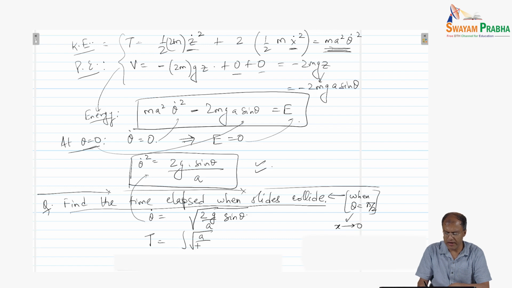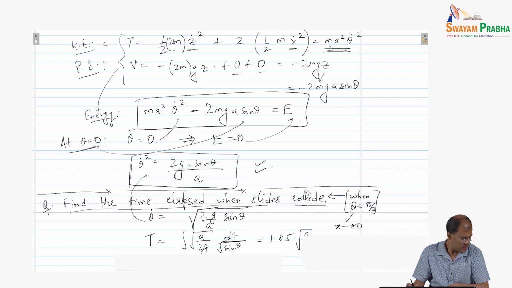The time t is the integral of the square root of a divided by 2g times d theta by the square root of sin theta. Putting theta from 0 to 90 degrees, we get that this is 1.85 times square root of a by g, the time at which the sliders collide.